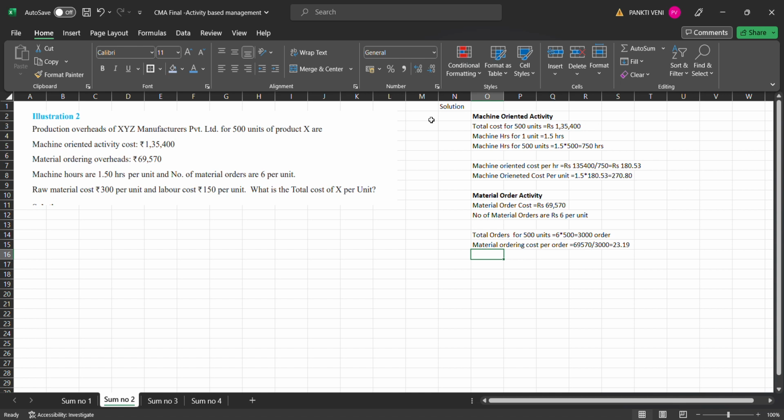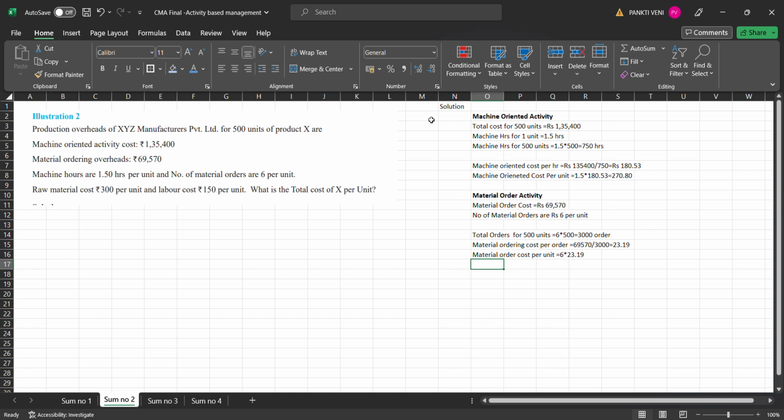Now this 23.19 rupee, I am supposed to multiply with my number of orders. So total material order cost per unit equal to 6 rupees into 23.19.